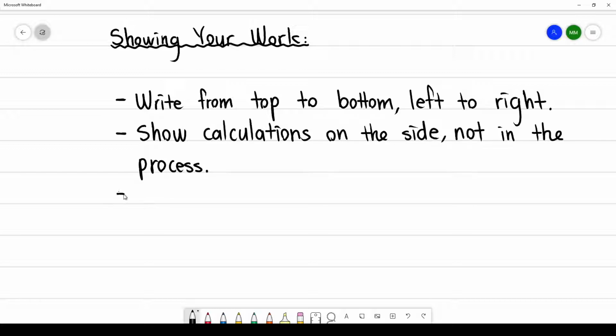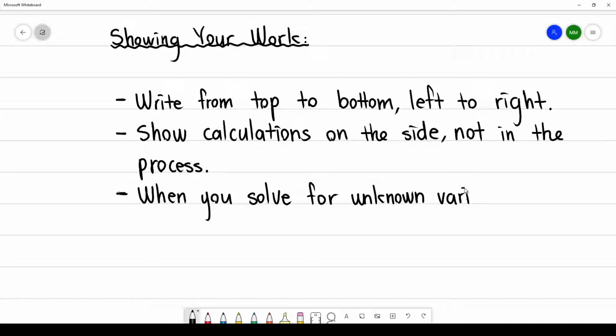And the third one is, when you solve for unknown variables, write a let statement.